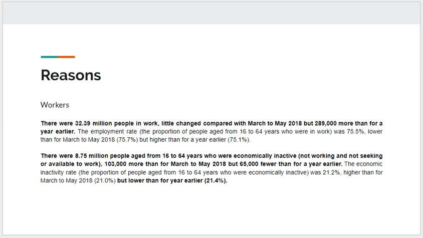First, the workers. There were 32.39 million people in work, little changed compared with March to May 2018, but more than a year earlier. And there are so many people who are economically inactive, more than in March to May, but fewer than a year earlier.